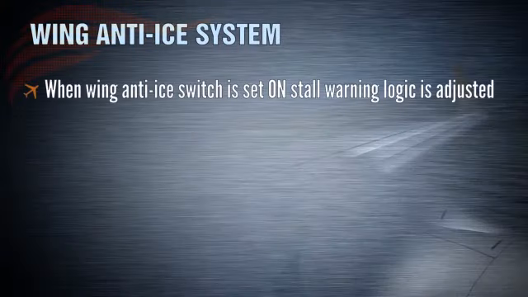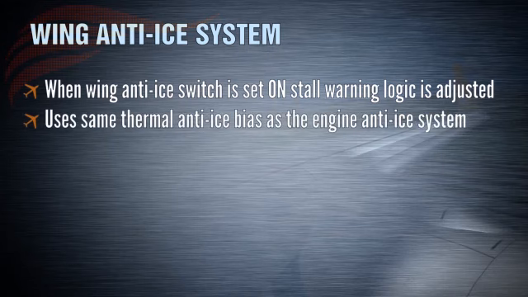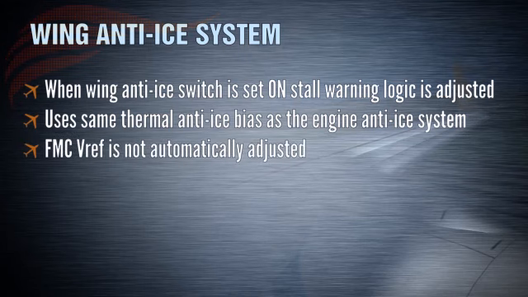When the wing anti-ice switch is positioned on, stall warning logic is adjusted to account for potential ice buildup on the leading edge of the wings. This uses the same thermal anti-ice bias as the engine anti-ice system and affects the stick shaker onset speed and the minimum maneuver speed bars on the PFD speed tape. The FMC displayed VREF is not adjusted automatically, so anti-ice system usage must be accounted for in landing performance calculations.